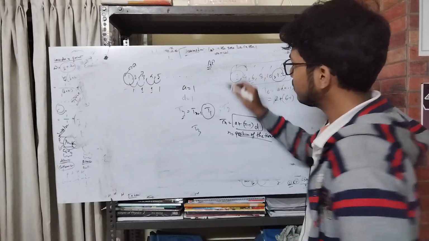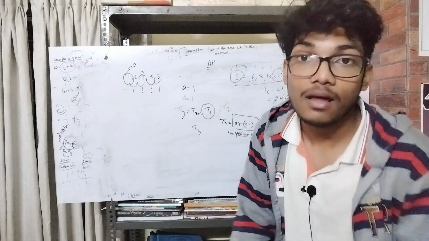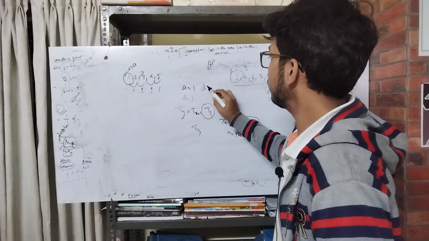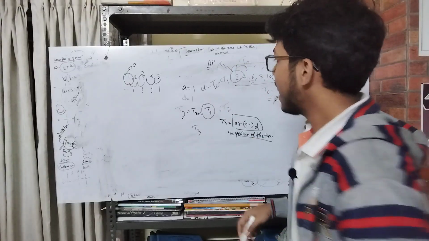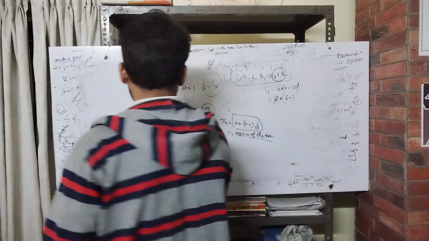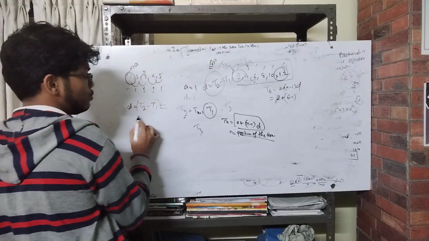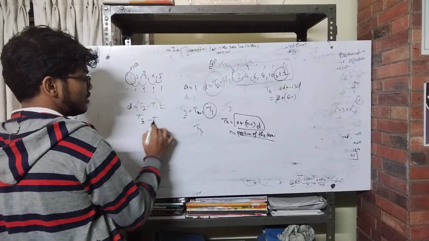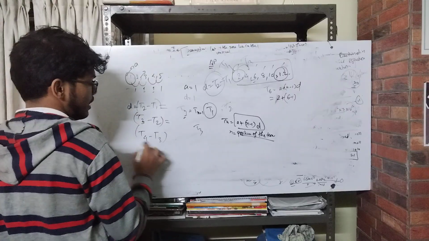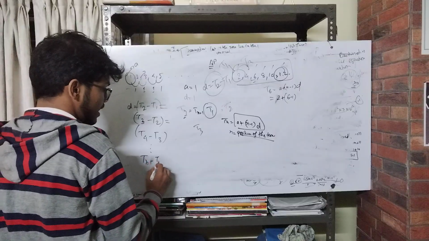What is d? d stands for common difference, which is final minus initial. That means if this is T2 and this is T1, then d will be T2 minus T1. Another way to explain it: d is T2 minus T1, which also equals T3 minus T2, which also equals T4 minus T3, and up to Tn minus T(n minus 1).